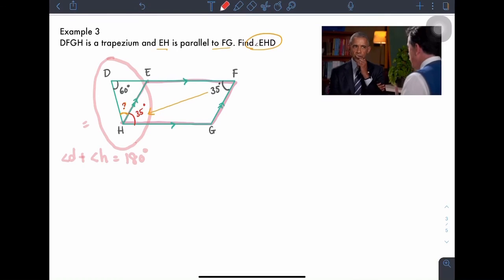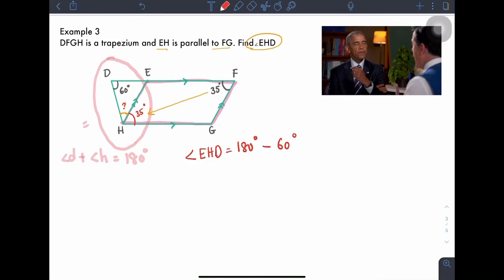Now, to get angle EHD, all you have to do is take 180 minus 60 degrees, you minus this angle here, and then you minus 35 degrees.